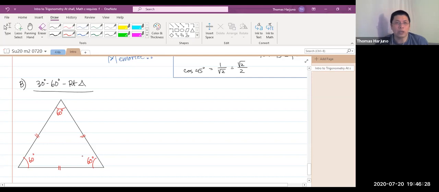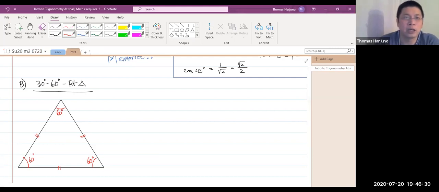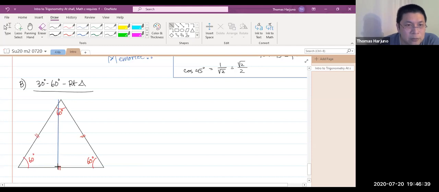Now, the way we get a right triangle with angles 30, 60, 90 degrees is by bisecting the vertex angle of that triangle.